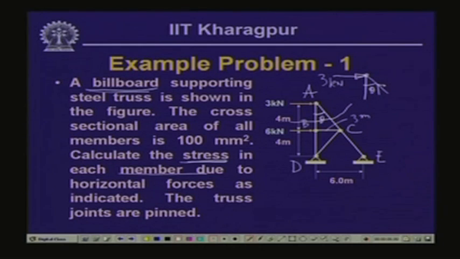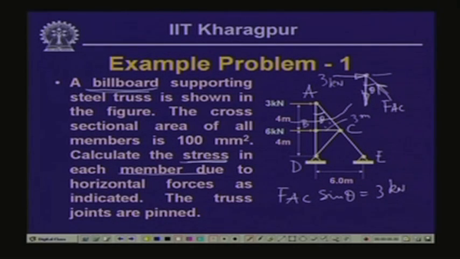Now, let us say the direction of this force is this, and the direction of the force here is in this direction. Now, if we take the horizontal component of this force, which is FAC, so FAC sin theta is equal to 3 kilonewton.